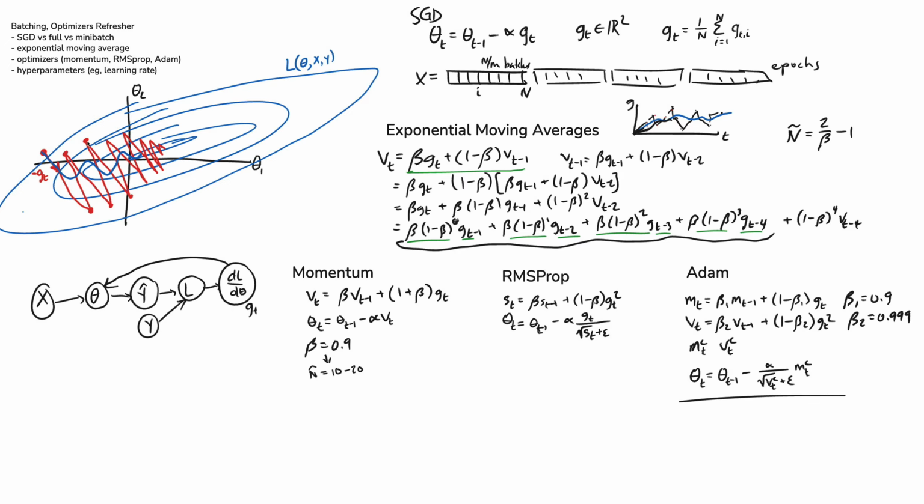You're just able, via calculus, by taking the first derivative, and technically the second, to find out information about the landscape around you to inform your movements, your updates to the parameters.